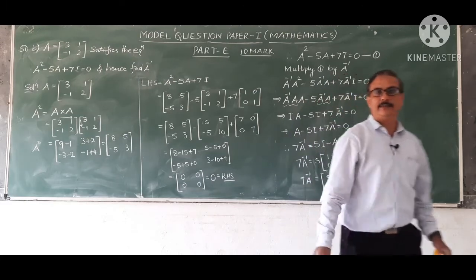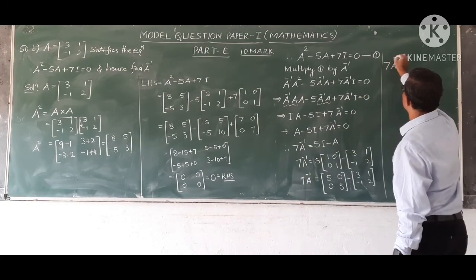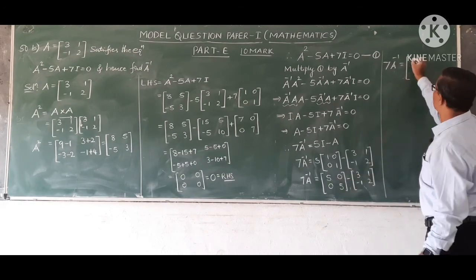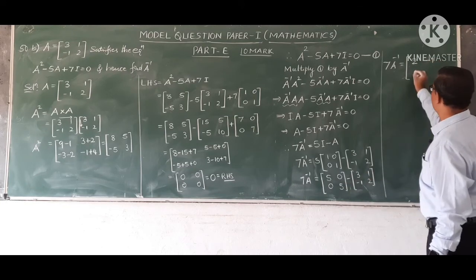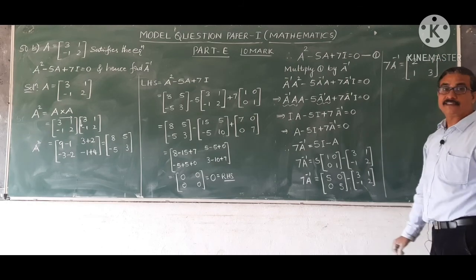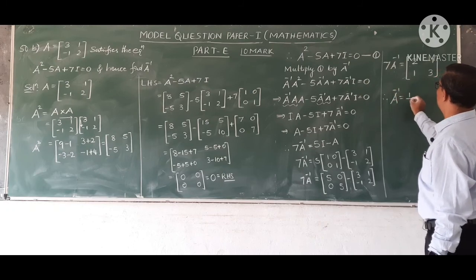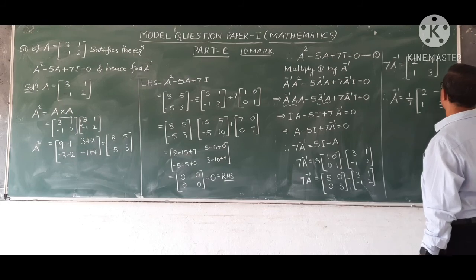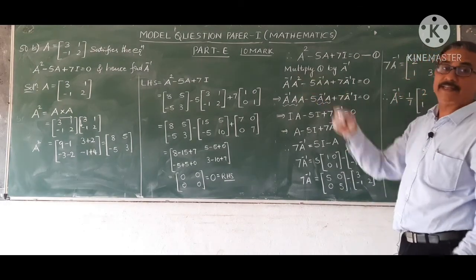Okay, then further simplify. 7A inverse is equal to, subtracting the corresponding elements, 5 minus 3 is 2, 0 minus 1 is minus 1, 0 minus of minus 1 is plus 1, 5 minus 2 is 3. This is the 7A inverse matrix. Therefore A inverse is equal to 1 by 7 into 2 minus 1 1 3. This is the inverse of a matrix using that equation.